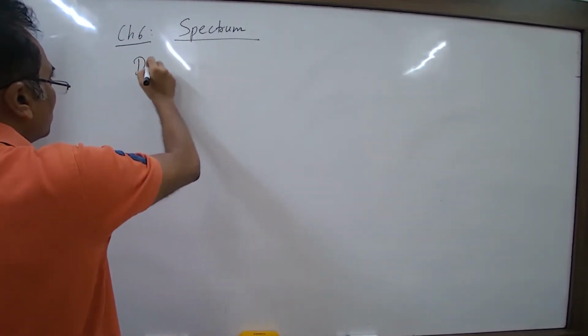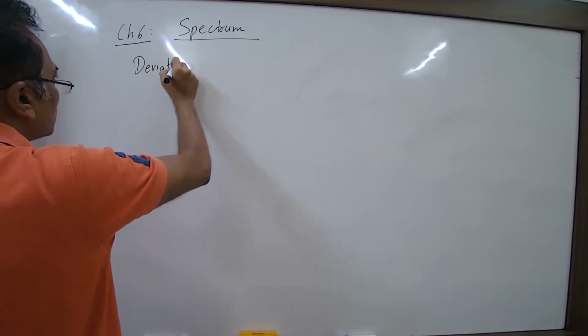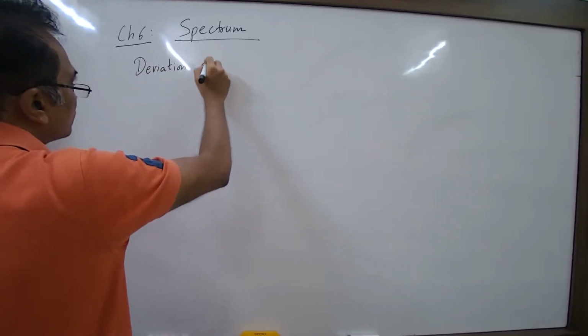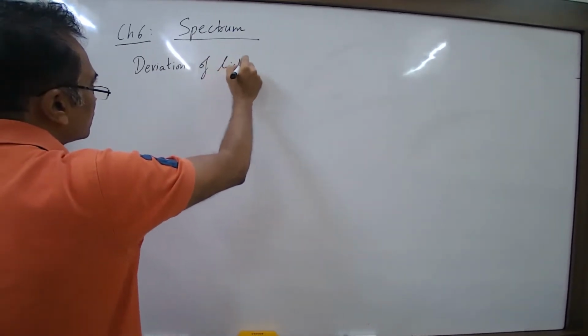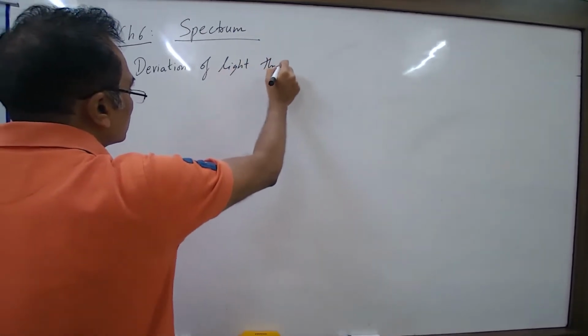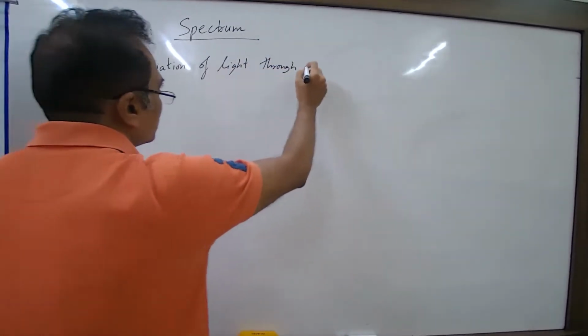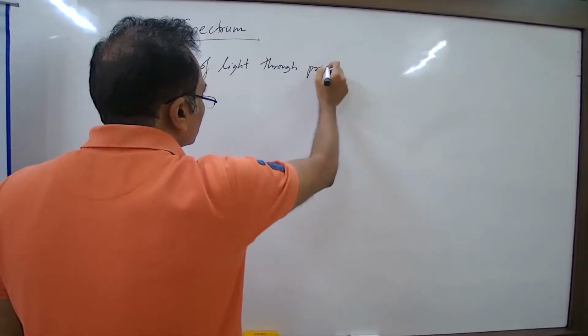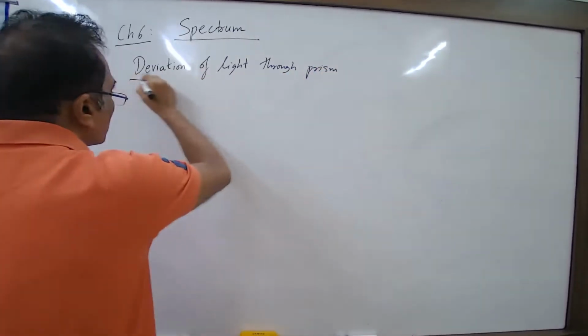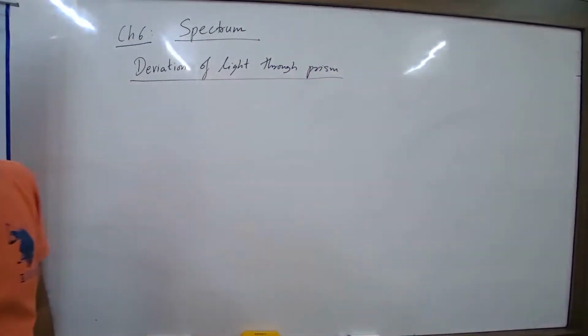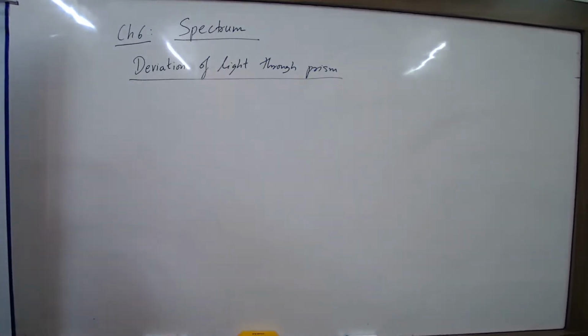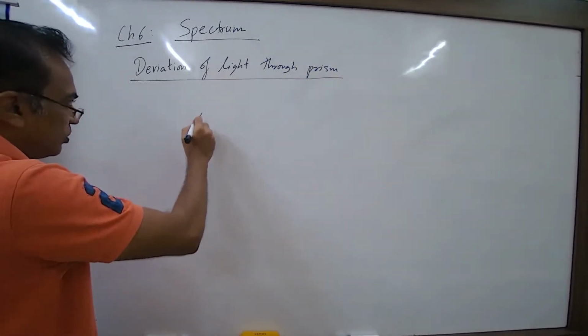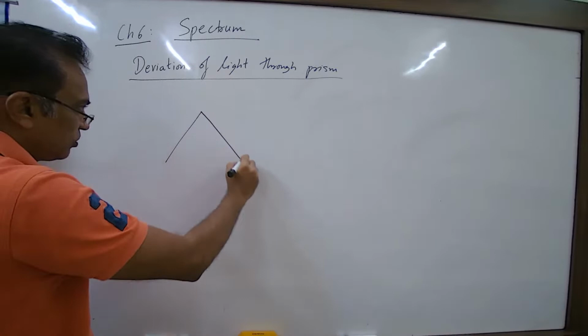First is deviation of light through prism. So this we have already discussed, right? When we talk about refraction of light passing through prism.